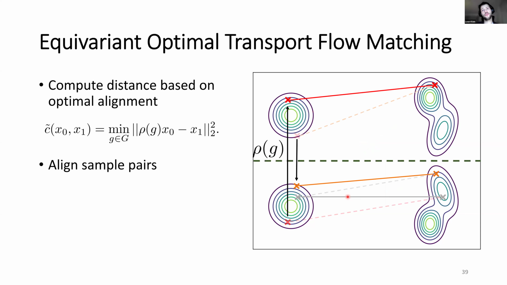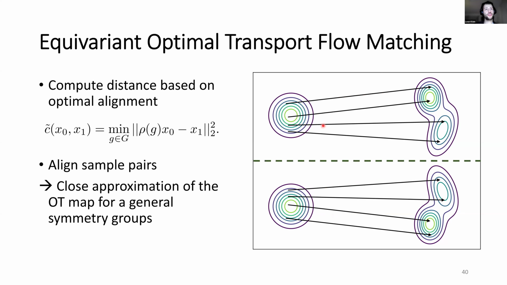And if we do this also for the others and then perform the optimal transport flow matching algorithm as before, we would end up with these connections. And you can see these are already better than the ones before where we didn't consider the symmetry group. And this will then give rise to a close approximation of the optimal transport map for general symmetry groups.